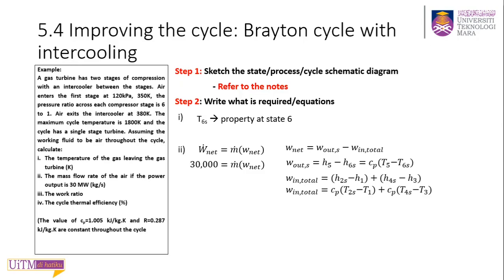To solve for back work ratio, it is simply the amount of work input, which we have calculated previously, divided with the amount of work output. And finally, for thermal efficiency, the following equation can be used to calculate the thermal efficiency. But remember to calculate the amount of heat added individually first at the heat exchanger.